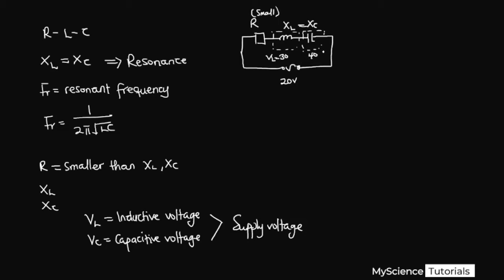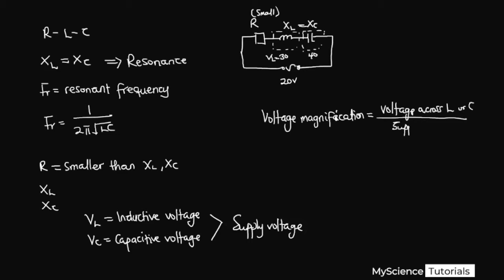So how do we calculate that voltage magnification or the Q factor? So the voltage magnification is given to us mathematically as the voltage across either the inductor or the capacitor over the supply voltage.